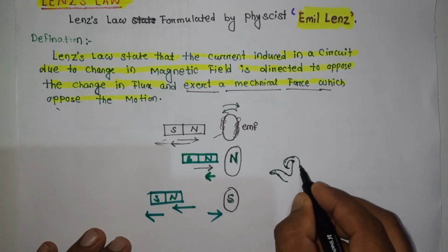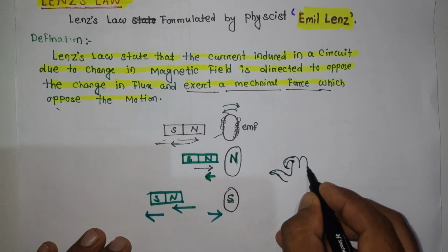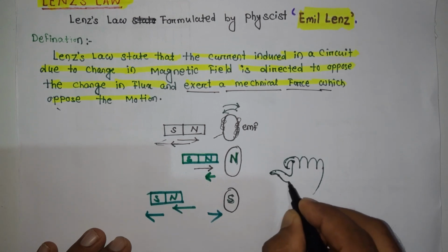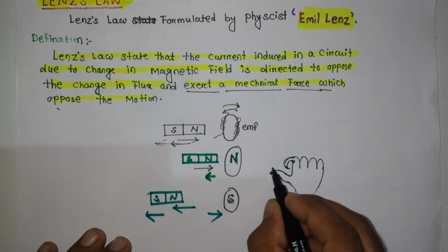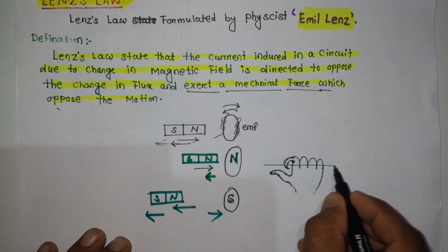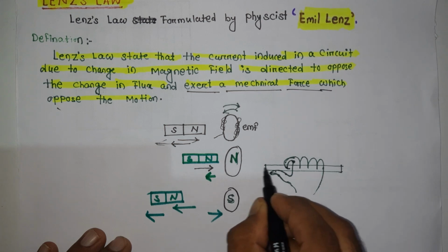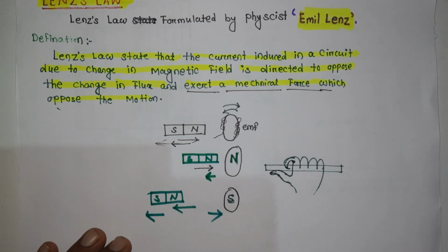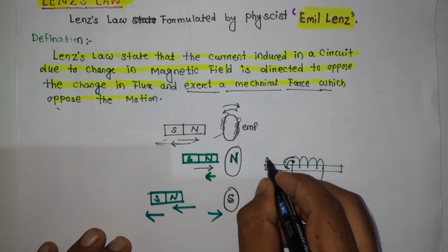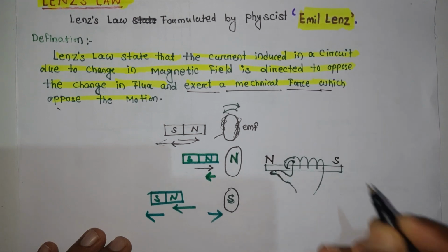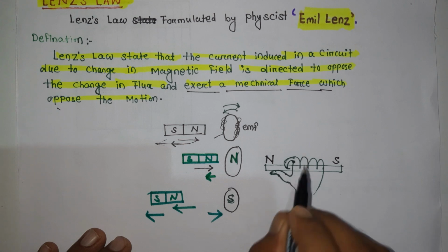If you consider this is a north pole facing towards this side, and this is a south pole, then the current will move like this.